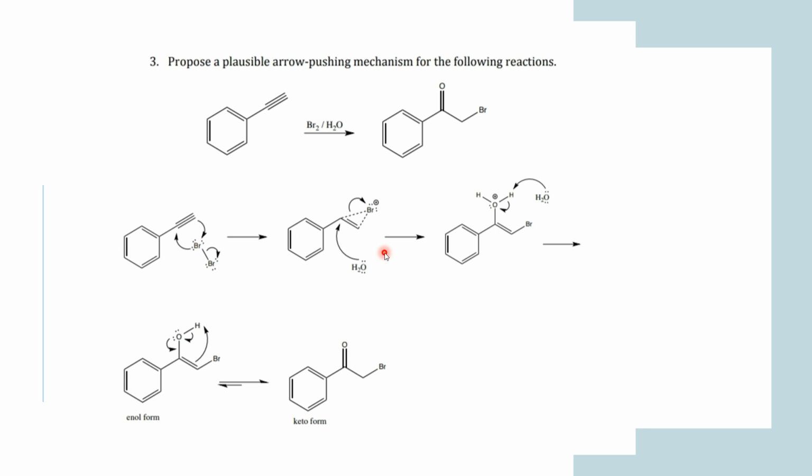So what will happen before the water molecule attacks? You get a carbocation either here or here. The carbocation generated on this side will be more stable. Hence, the water molecule will preferably attack this carbon center.